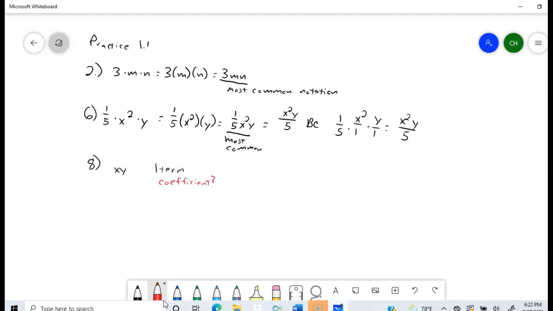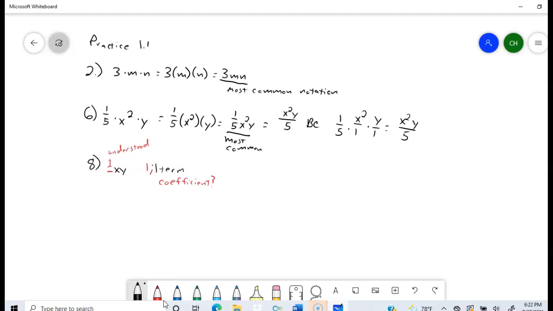Alright, there's nothing, no number in front of it. When it's like that, it's going to be an understood 1. So it's going to be 1. Okay? Not real complicated, but it's something you can't forget about.